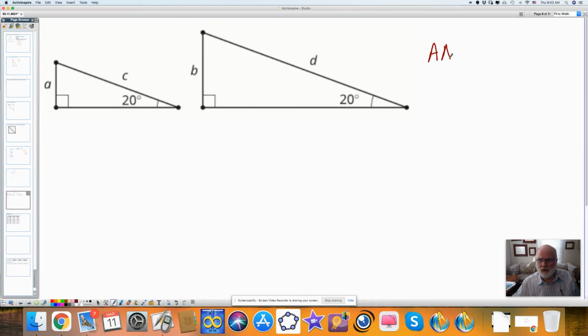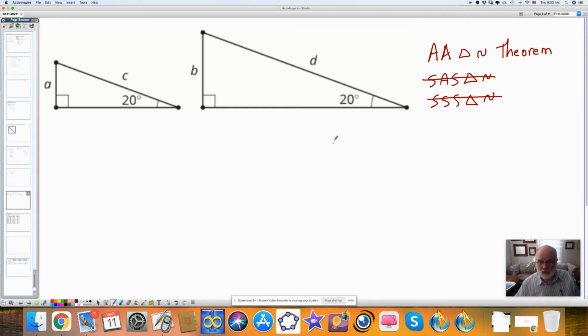By the angle-angle triangle similarity theorem, we can prove that these two triangles are similar. The other shortcuts that we use are side-angle-side triangle similarity and side-side-side triangle similarity. We can't use either of those because we don't know any of the sides. We know A and B, C and D. We don't know what the values are.